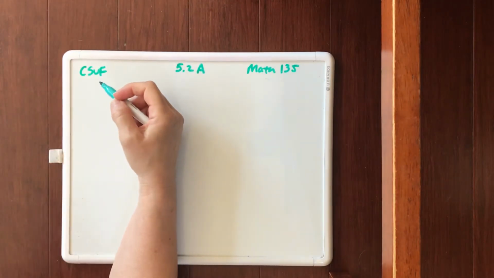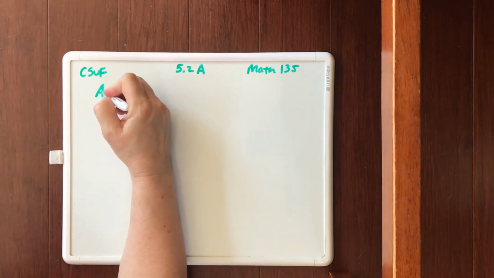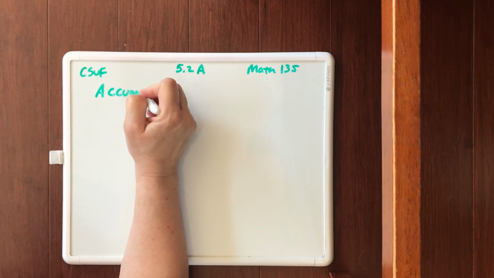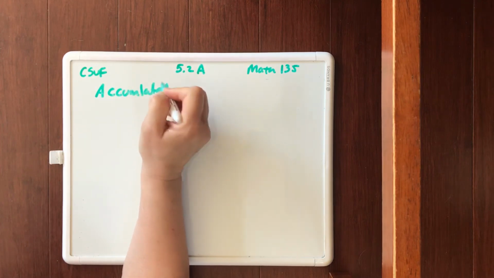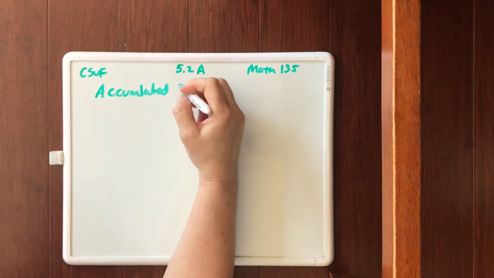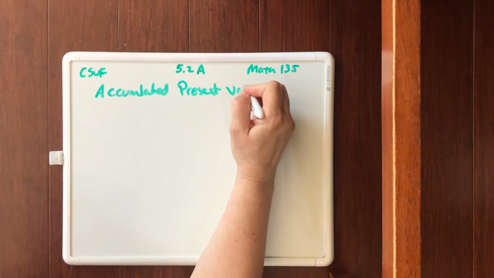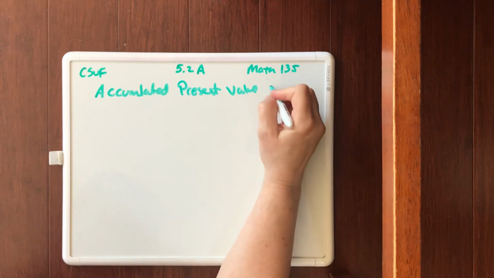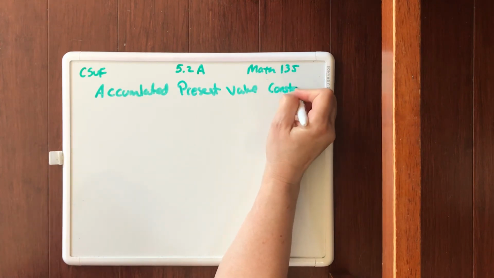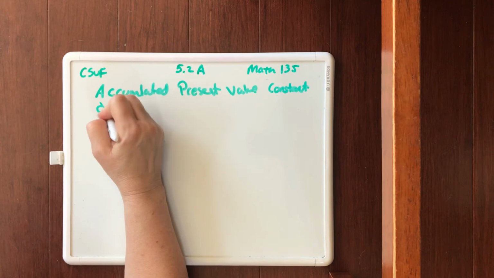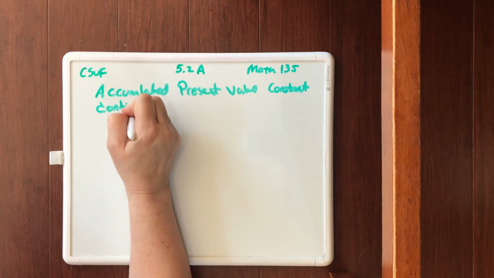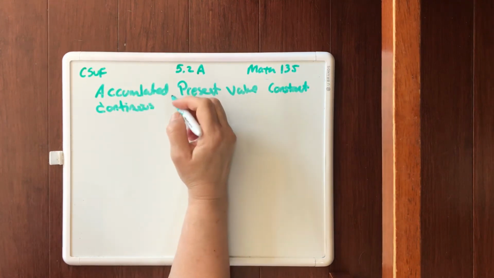We have another formula. Here we go. It's accumulated present value, constant continuous money flow. It's kind of a long title.